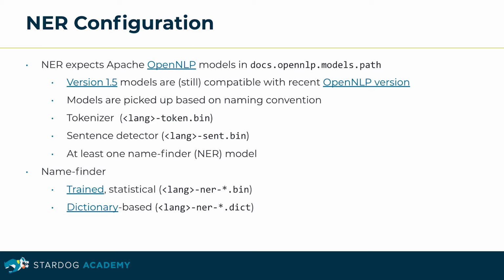Stardog loads the models based on a naming convention, expecting at least one tokenizer, sentence detector, and at least one name finder model for the actual entity extraction. The name finder models are either statistical, pre-trained on a sample corpus with a file extension bin, or based on an explicit listing of entity names with a file extension dict.